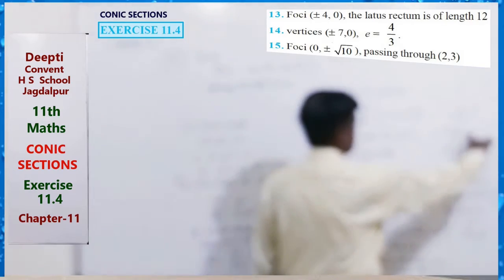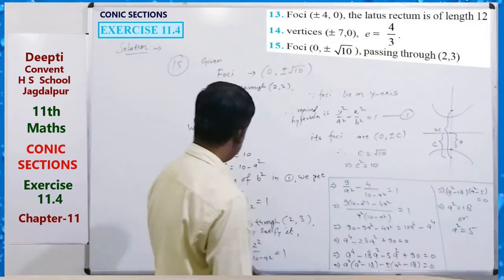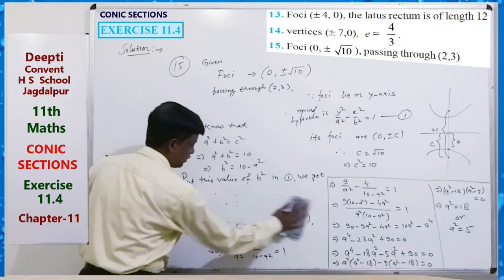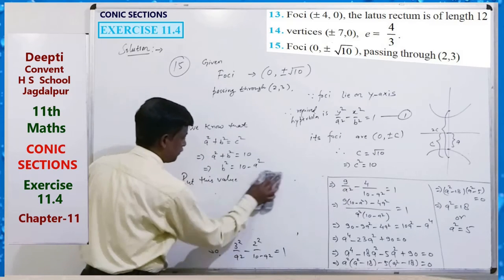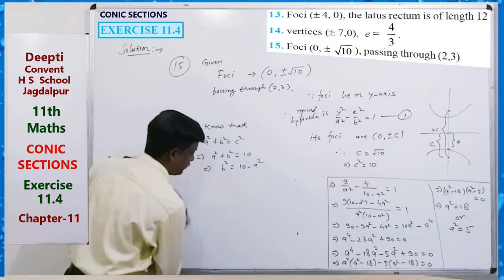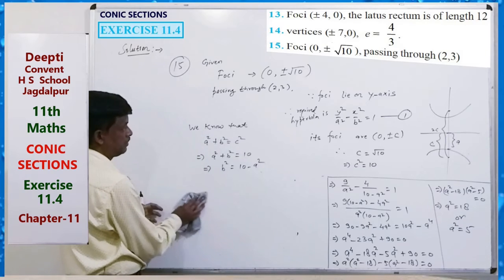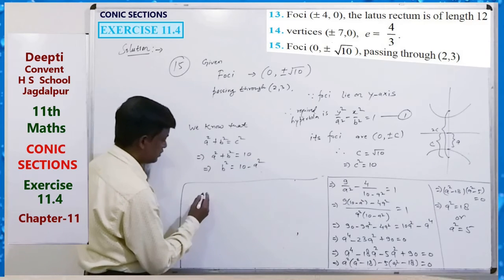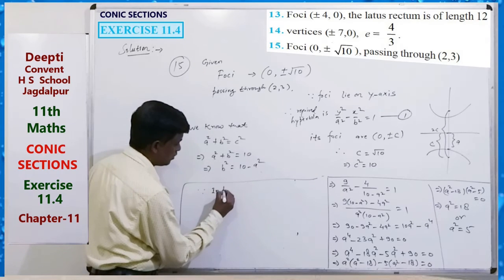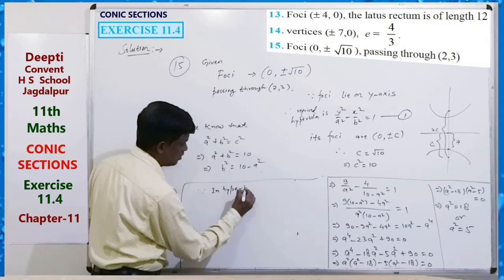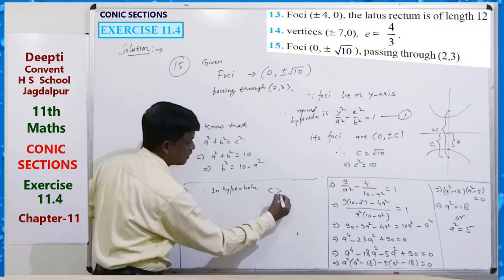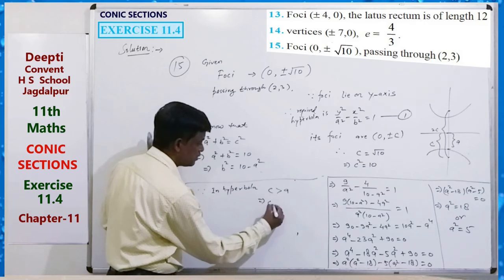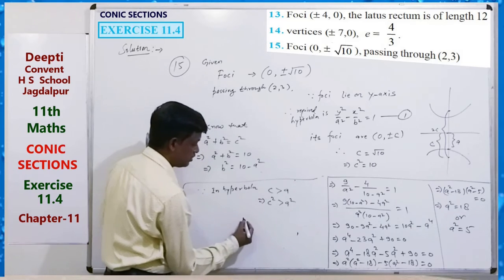This is c, this is a. Since in a hyperbola c is greater than a, c square is greater than a square.